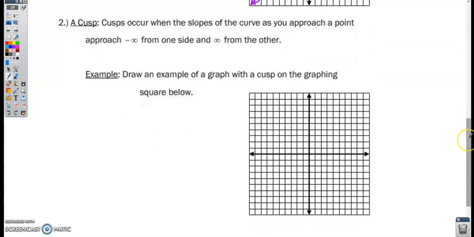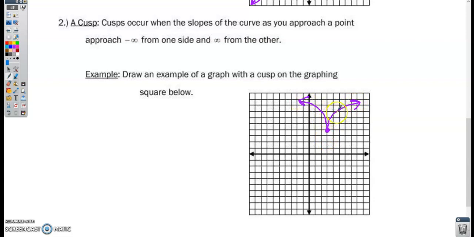A cusp. Cusps occur when the slopes of the curve as you approach a point approach -infinity from one side and infinity from the other. So here's what a cusp might look like. I'll put the cusp at this point right here. Approaching that from the left, the slope is approaching -infinity, but approaching it from the right, the slope is +infinity.